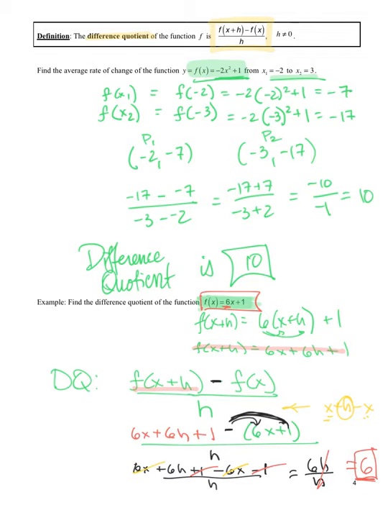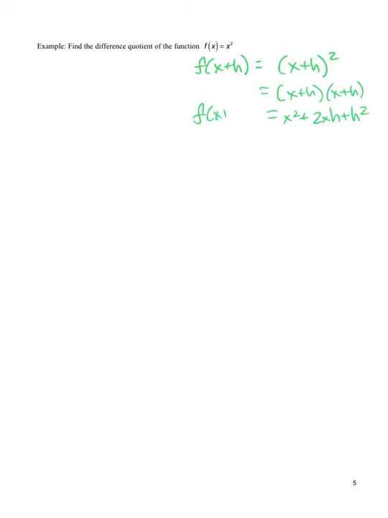That's fantastic. All right. What if I give you this function and I asked for the difference quotient? Well, the first thing I have to do is figure out what f of x plus h is. Substitute in x plus h everywhere I see an x. That's a binomial squared, so I have to FOIL. So that's my f of x plus h.